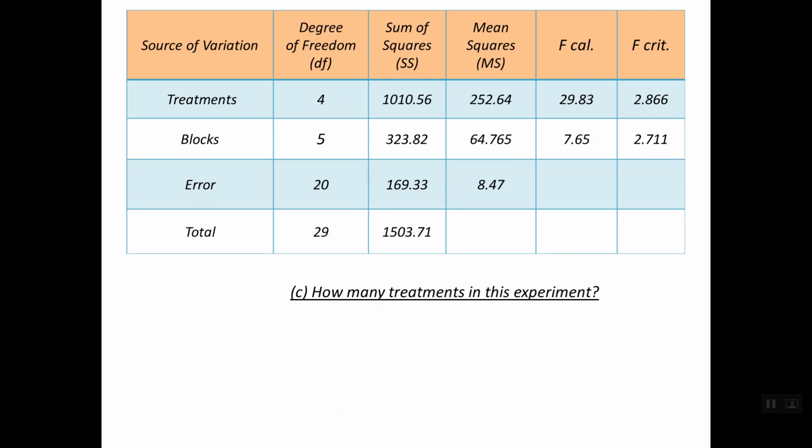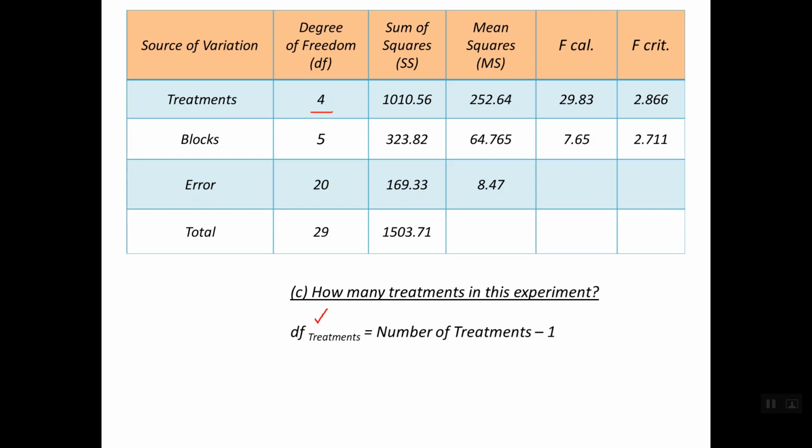How many treatments do we have in this experiment? Again, we already know the value of the degree of freedom for the treatments. It's 4. And we know that the formula for calculation of the degree of freedom of treatment is equal to the number of treatments minus 1.